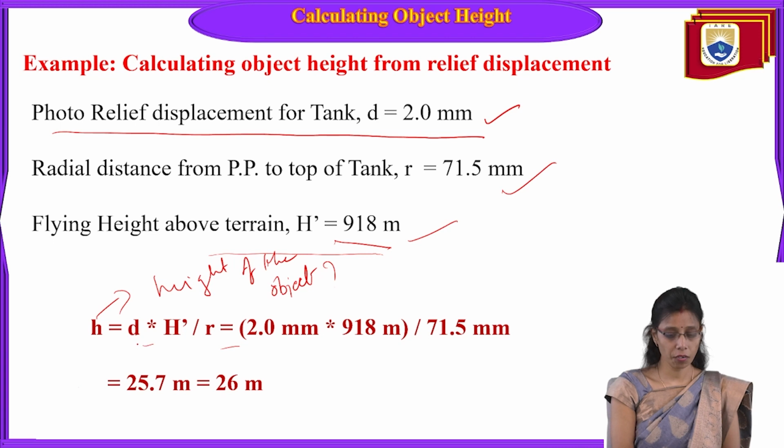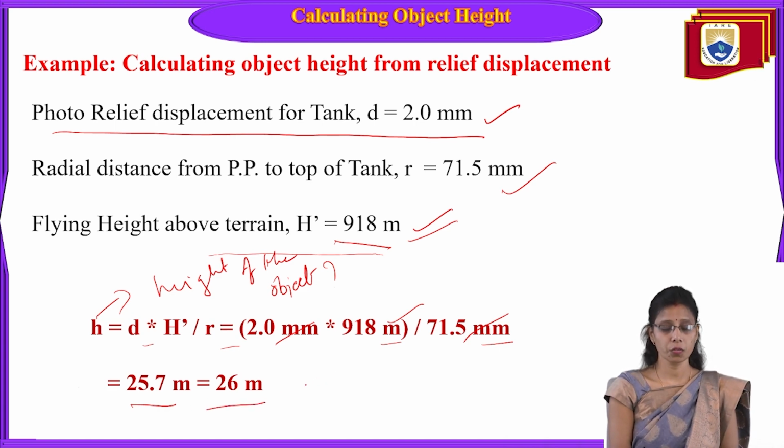Now d we have just measured, 2 mm, and H we already know, 918 meters, so 2 mm into 918 meters divided by 71.5 mm. The mm will cancel and our answer will be in meters, that is 25.7 meters. So if you round off, you will get approximately 26 meters.